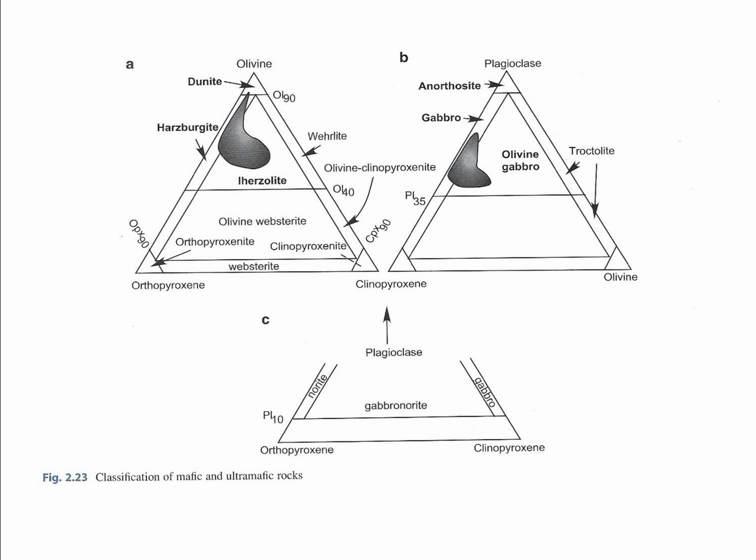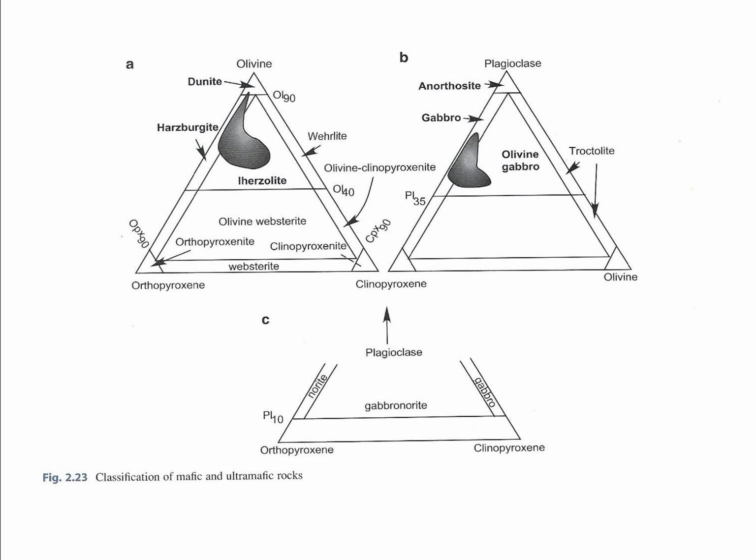In the upper part of the triangle we have the lherzolite, and this dark field shows the main composition of all these mantle rocks, where they are chemically at home. Here we have mainly lherzolites, and we can subdivide these into plagioclase lherzolites, spinel lherzolites, and garnet lherzolites, and that is pressure dependent.